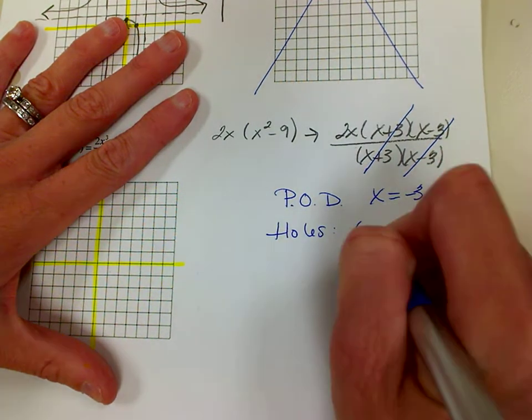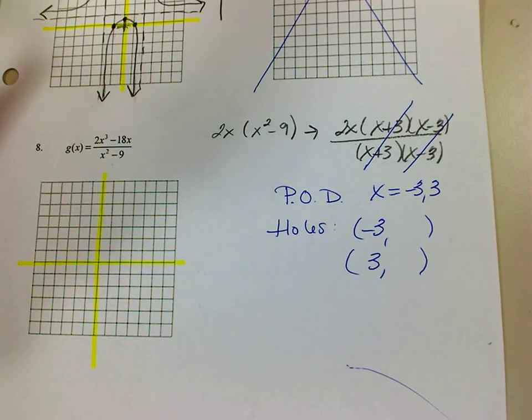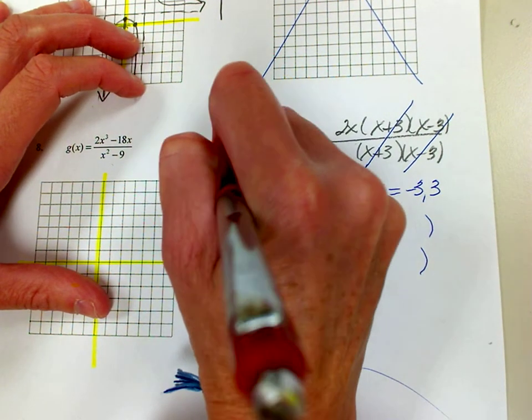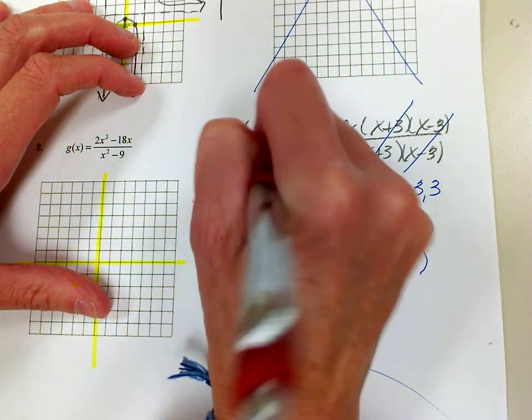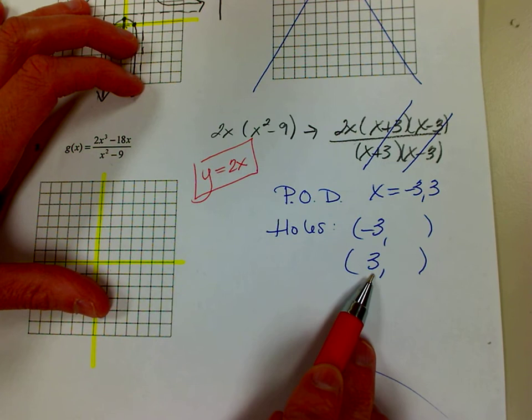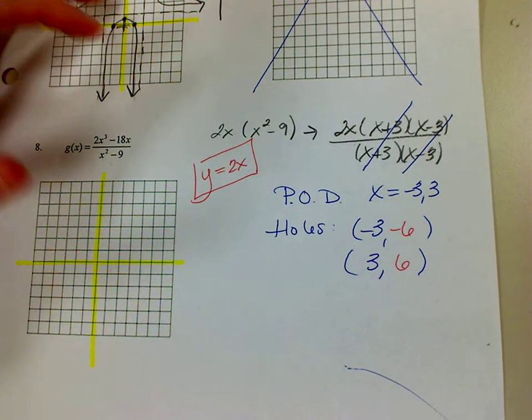Since they're both holes in the graph, I'm going to have ordered pairs. And then also, since something canceled, I want to write my new equation. Looks like I just have 2x. This is my new equation. So I'm going to put negative 3 in for x and positive 3 in for x. Negative 6 and positive 6.